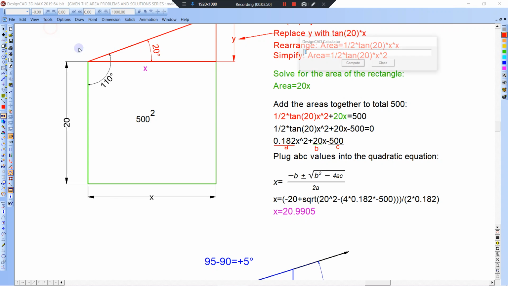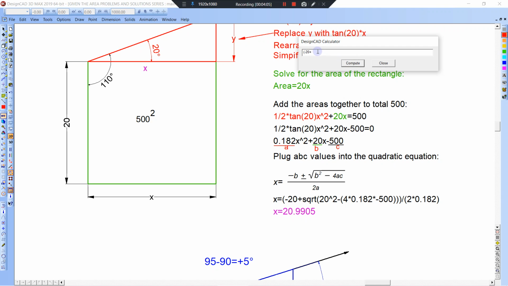tools calculator, and we end up with negative B, so negative 20 plus, oh actually, this is going to be all on top of the fraction.